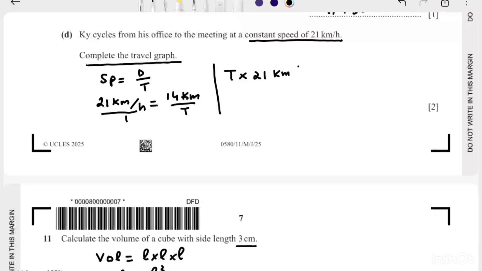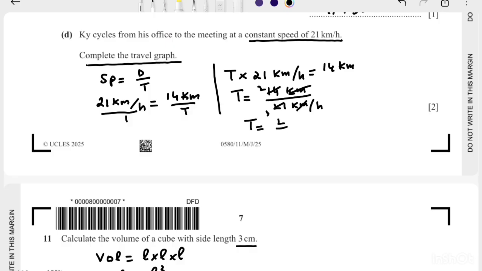we can show some working here, 14 kilometer divided by 21. Kilometer will cut by kilometer, and 7 twos are 14, 7 threes are 21. So time is equal to 2 by 3 hours.